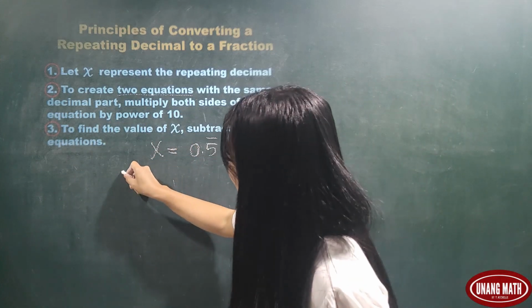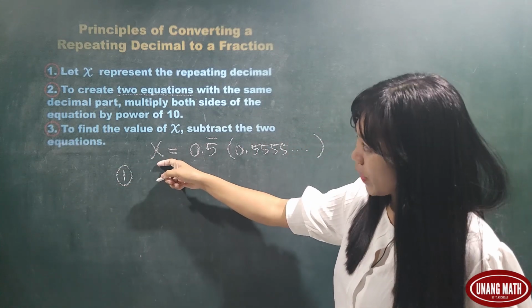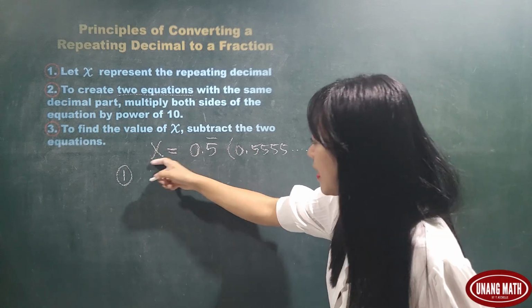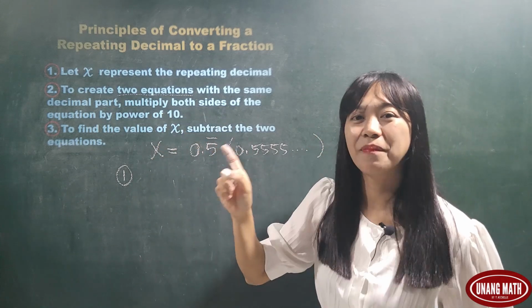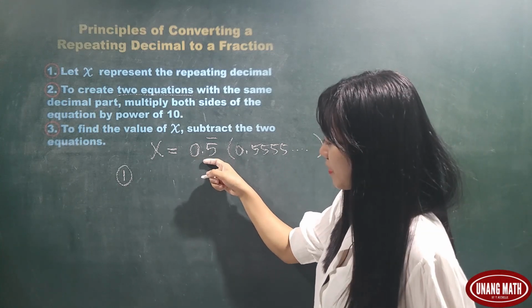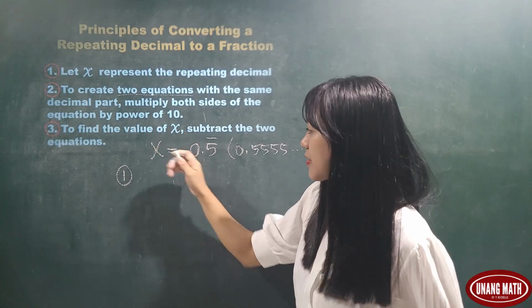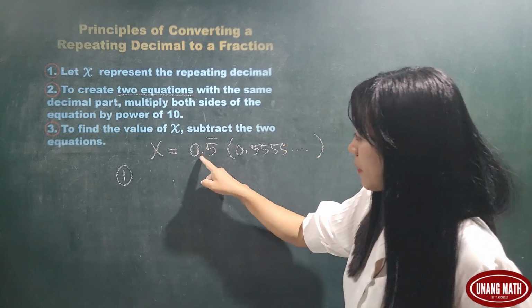Okay, let's create the first equation. We have to multiply this equation by the power of 10 until all the digits of this repeating decimal are on the left side of this decimal point. Okay, what does it mean by that?